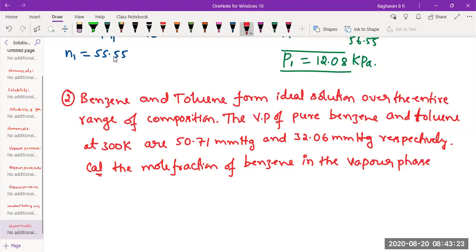if 80 grams of benzene is mixed with 100 grams of toluene.